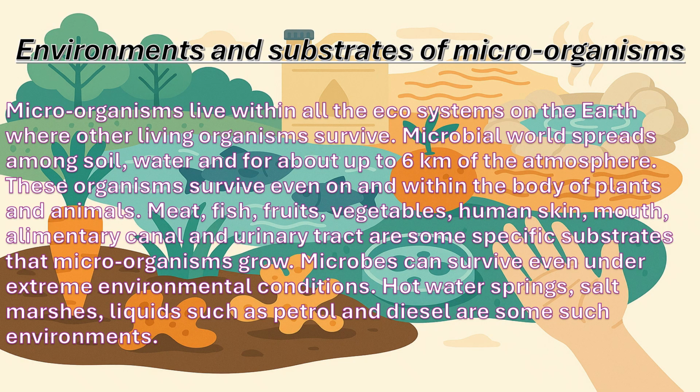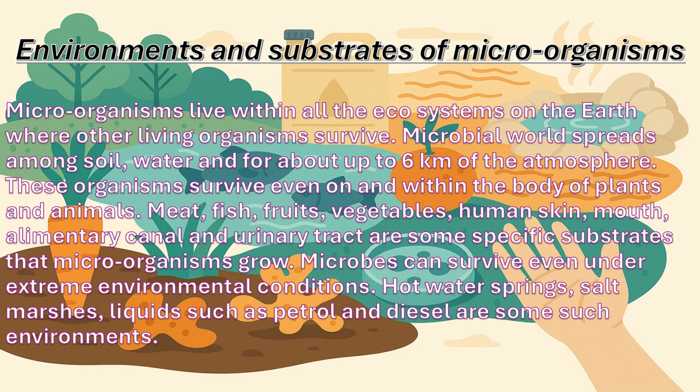Environments and substrates of microorganisms. Microorganisms live within all the ecosystems on the earth where other living organisms survive. Microbial world spreads among soil, water, and for about up to 6 kilometers of the atmosphere, I guess. These organisms survive even within the body of plants and animals.